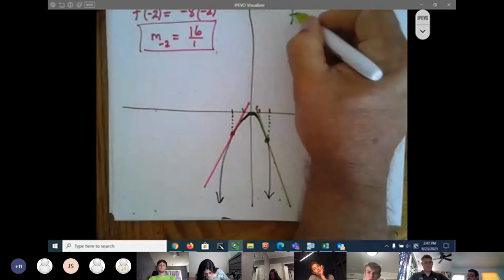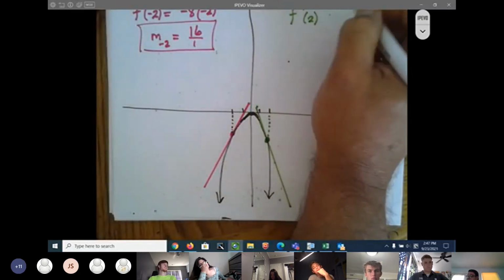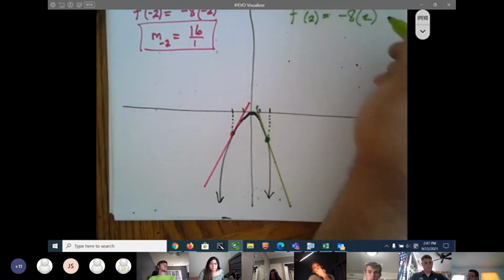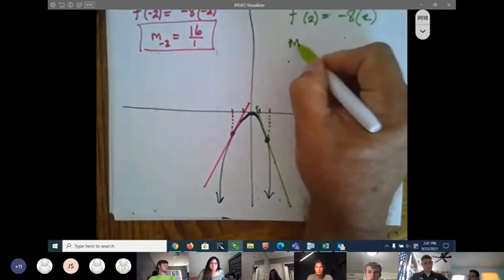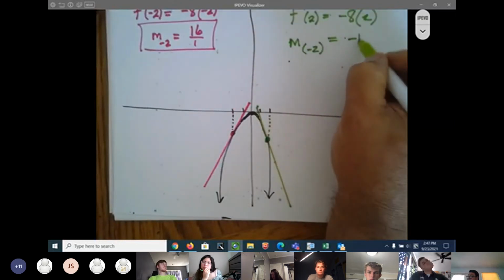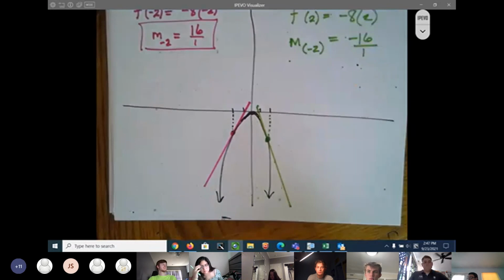The slope at positive 2 is negative 8 times 2, so the slope at positive 2 is negative 16 over 1.